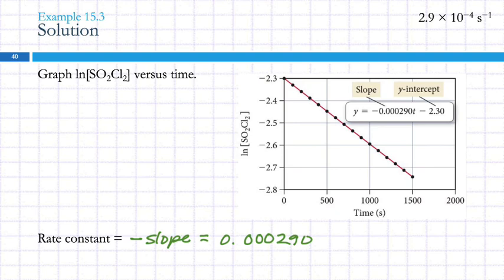How are we demonstrating that this is first order? Because this particular graph gives us a straight line that tells us it's first order. If we do this graph with zero or second order, it won't be a straight line. Okay? What are the units on the rate constant? We can't really pull them out of the equation, but what's the rate law for a first order reaction?